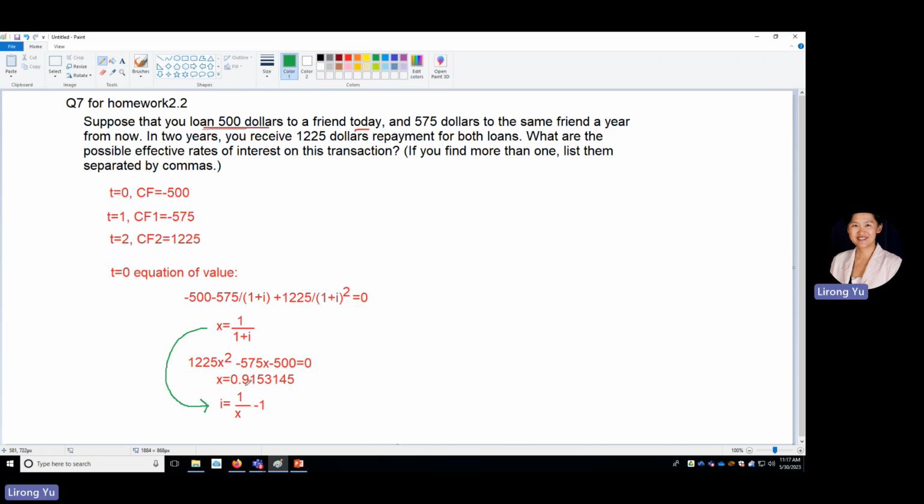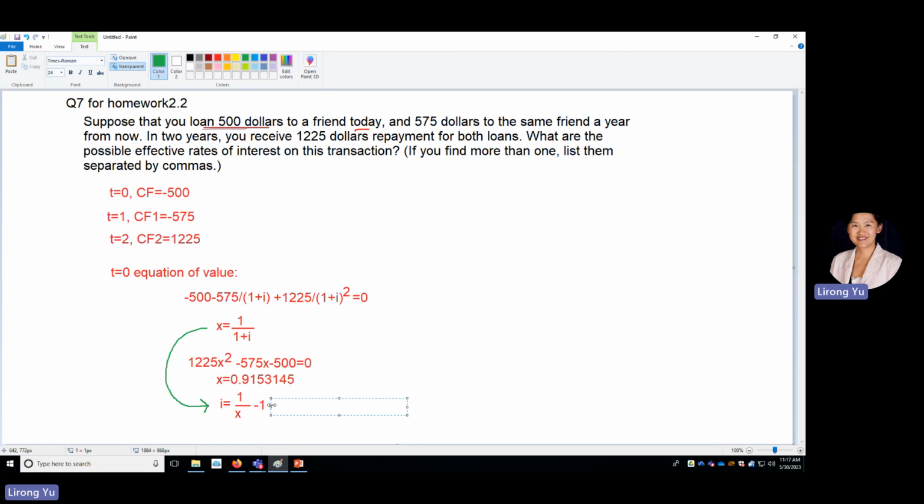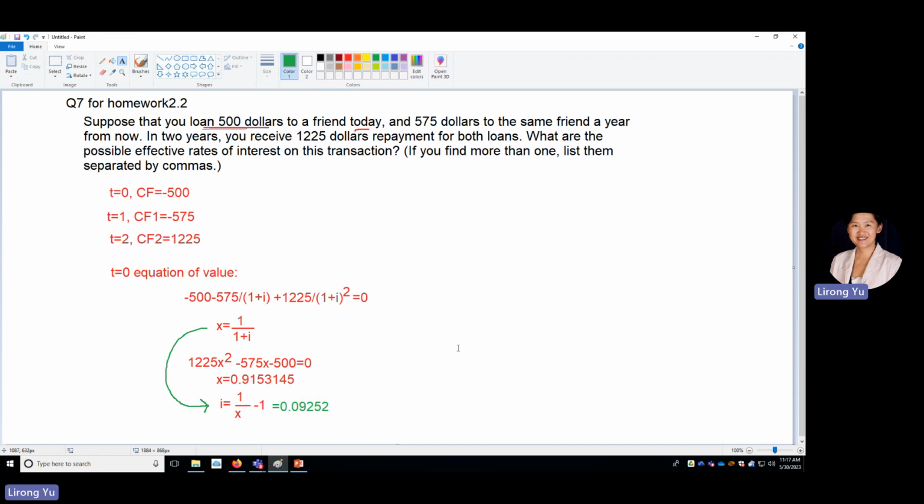If you solve for x, you can solve for I, and that gives us an I value equal to 0.09252. And that's a short example on question 7.